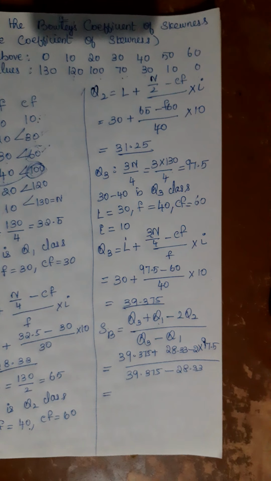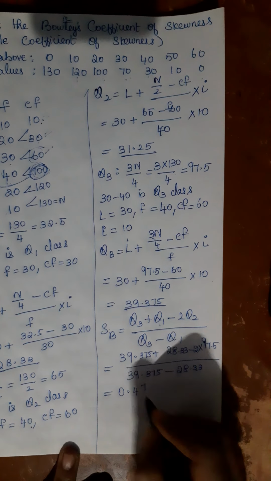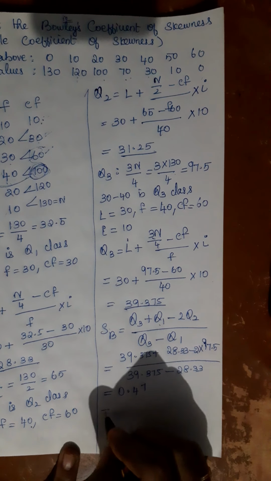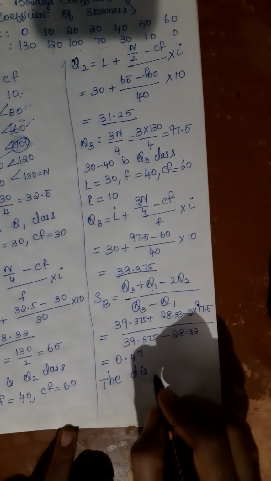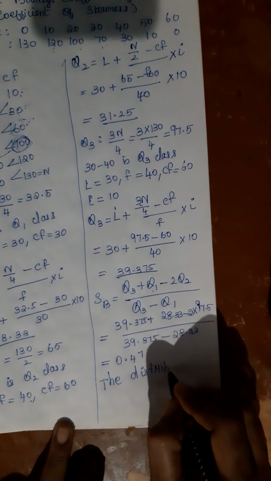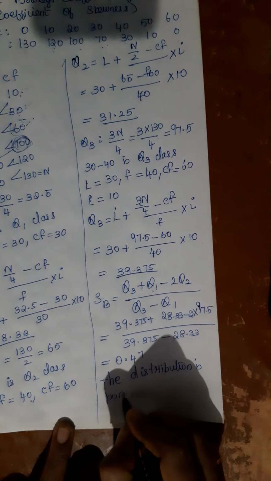Do it with your calculator. The answer is 0.47. Since it is a positive value, we say that the distribution is positively skewed.